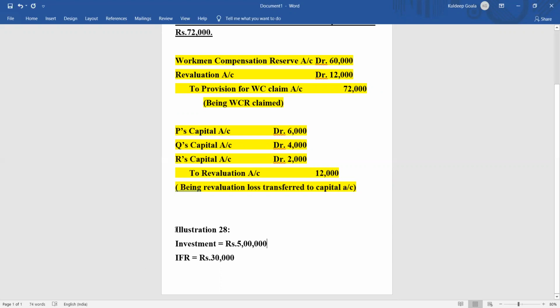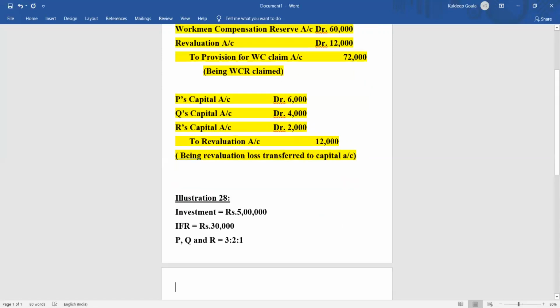Then investment fluctuation reserve was 30,000. And P, Q, and R have a profit sharing ratio of 3:2:1. This was the general situation.